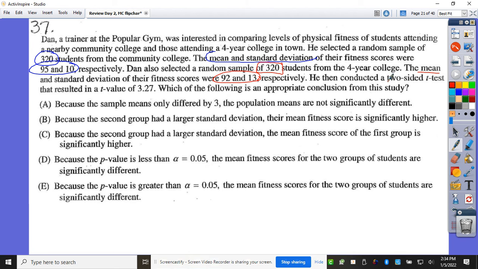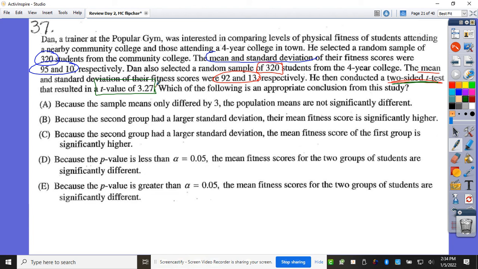He then conducted a two-sided t-test and got this test statistic value. So it gave me all the numbers with the two ends, the sample sizes, the means, and the standard deviation of each one. But it also gave me what that would give me, so I didn't really need to do any of that math. Which of the following is an appropriate conclusion from this study?